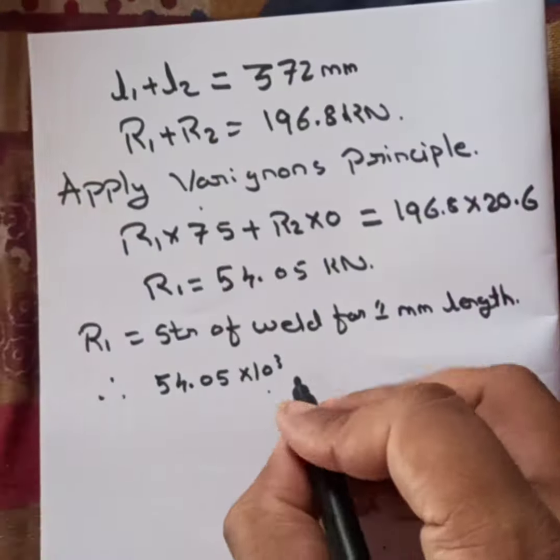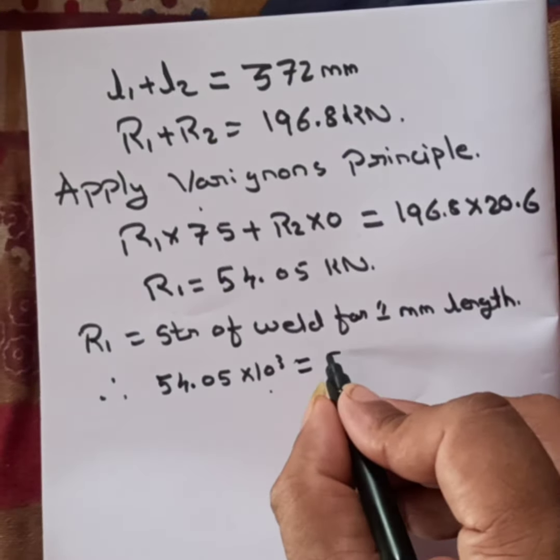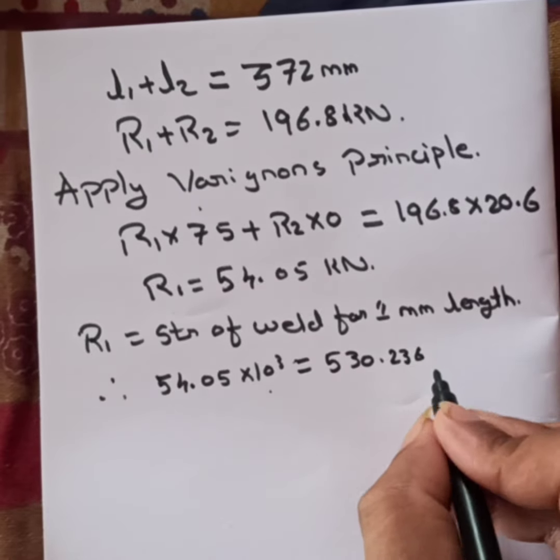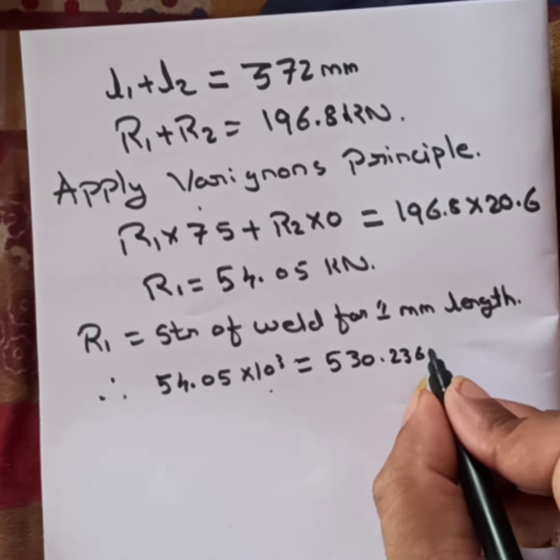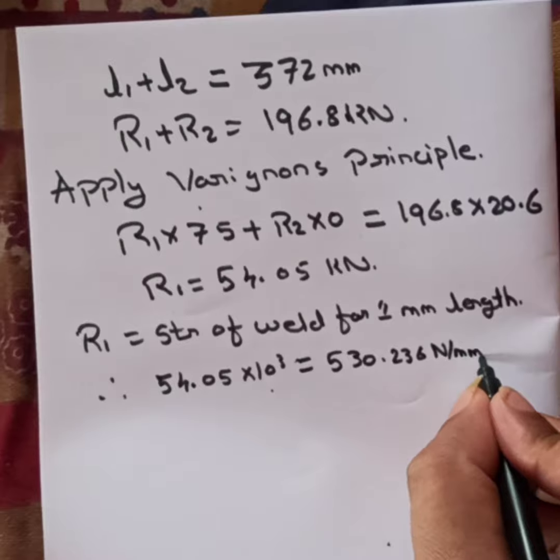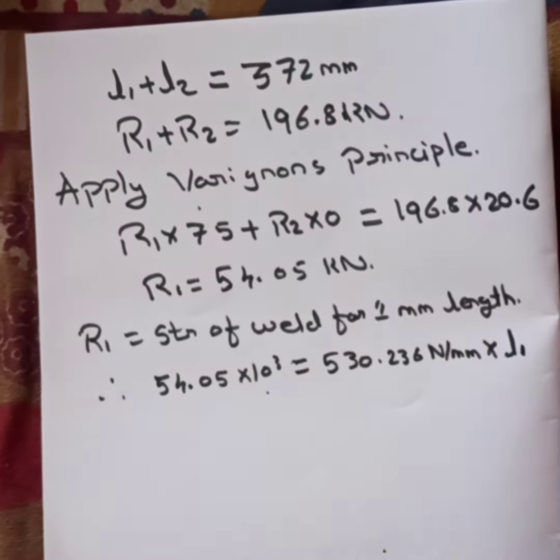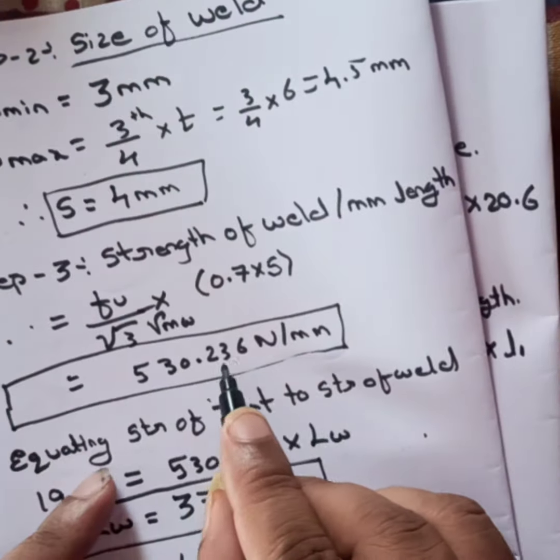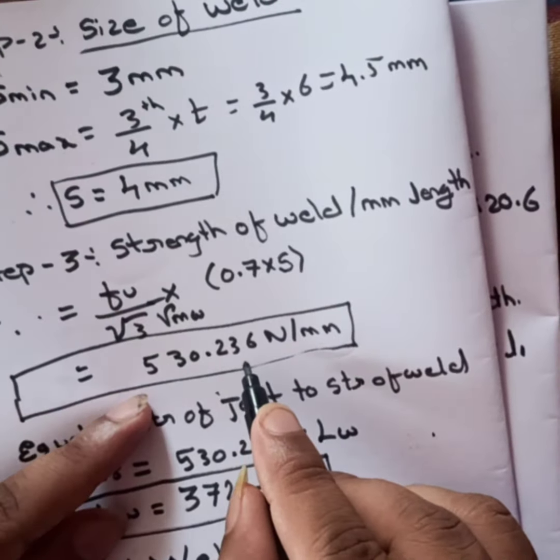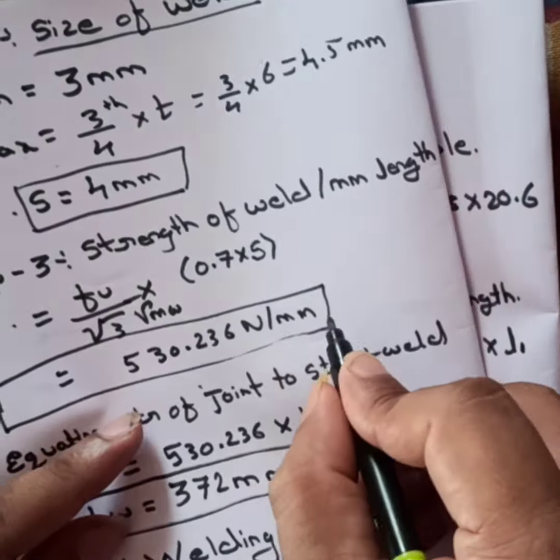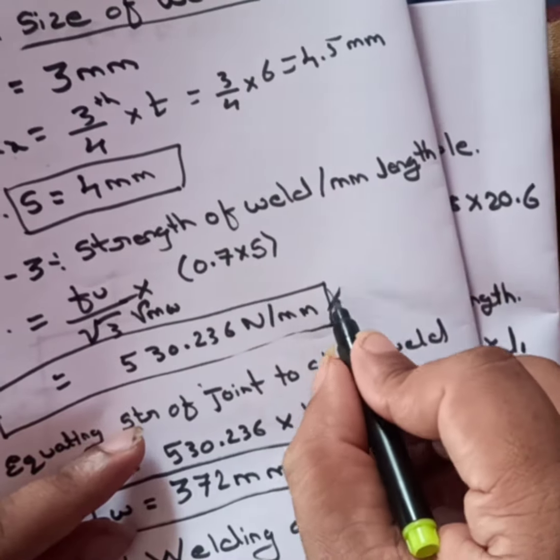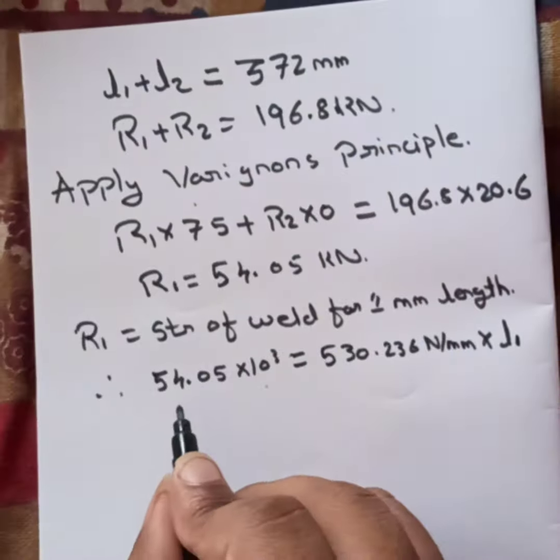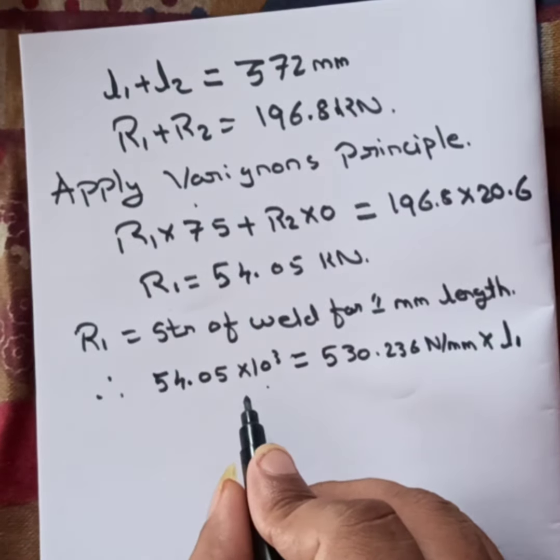So 530.236 Newton per mm into L1 must take a strength of 54.05 kilonewton.